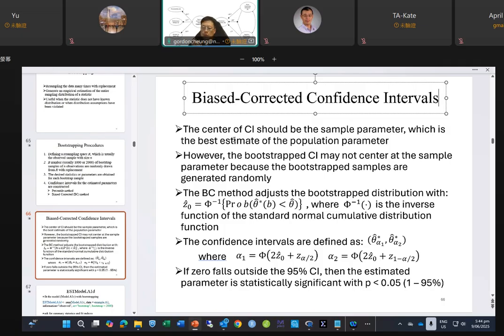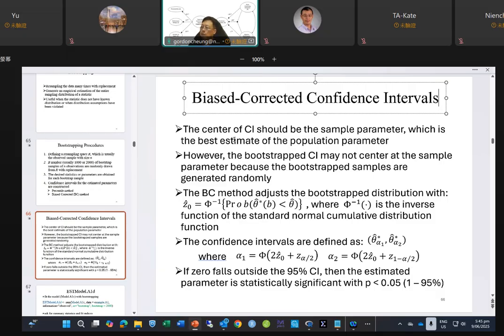Recall what you learned about confidence intervals from your statistics 101. How do we build a confidence interval for a mean? It is mean plus minus 1.96, which refers to 95%, times your standard error. So the midpoint of a confidence interval should be your estimate from the sample.